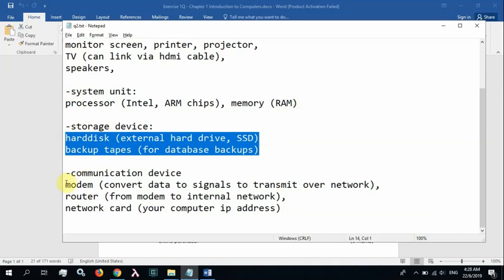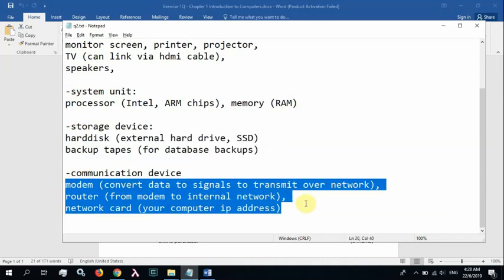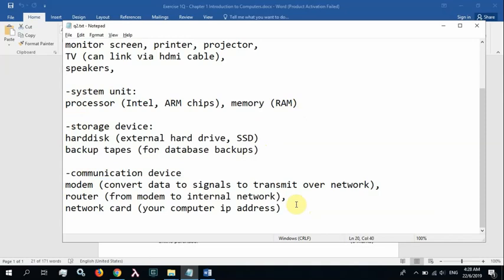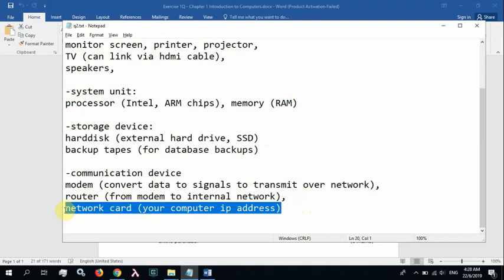Then of course, computer nowadays it has become a necessity for them to be able to communicate with other devices. Okay, so for your computing device, each of them will have your address. Okay, to identify itself, your IP address. So that is done via a network card.